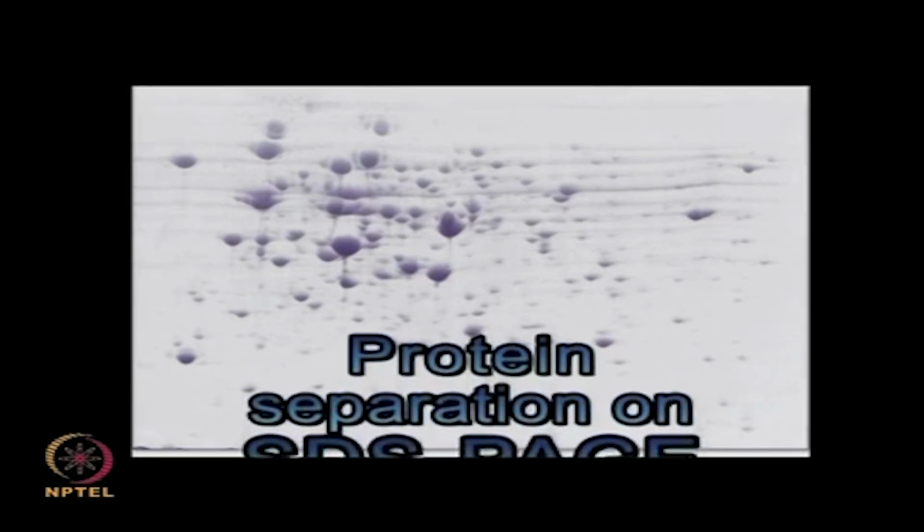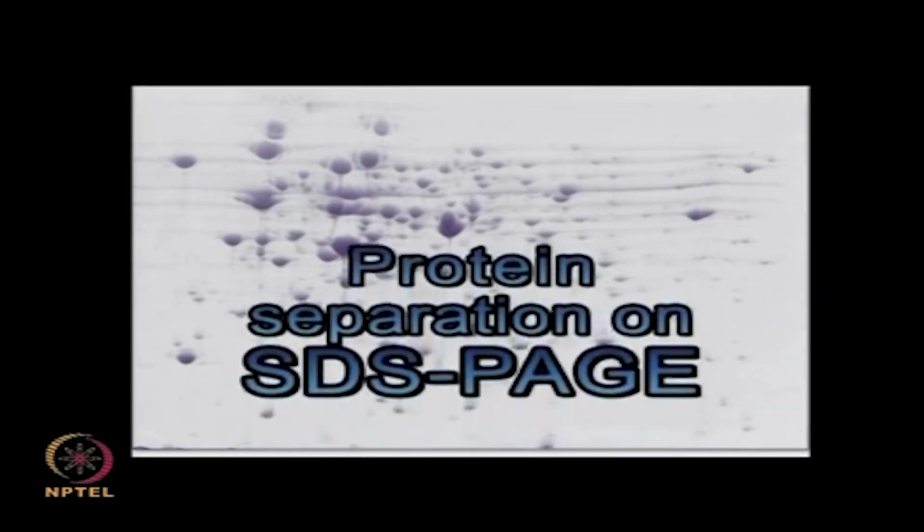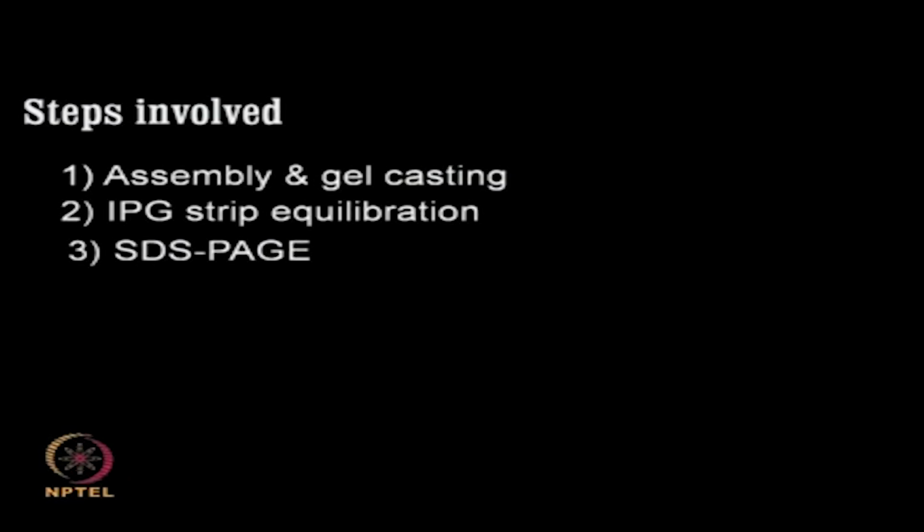Protein separation by SDS page. SDS page, which constitutes the second dimension of two-dimensional gel electrophoresis, involves assembly of the gel apparatus, gel casting, equilibration of the IPG strip, followed by placement of the IPG strip on the gel and protein separation. Assembly of gel apparatus and gel casting.